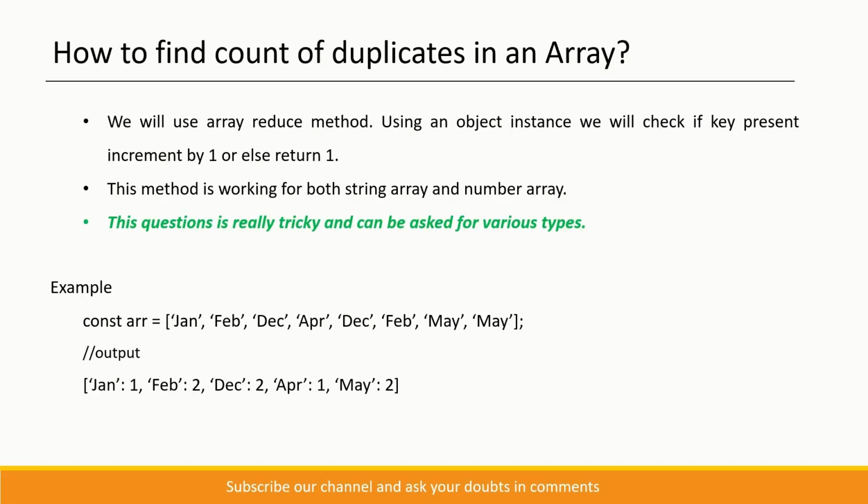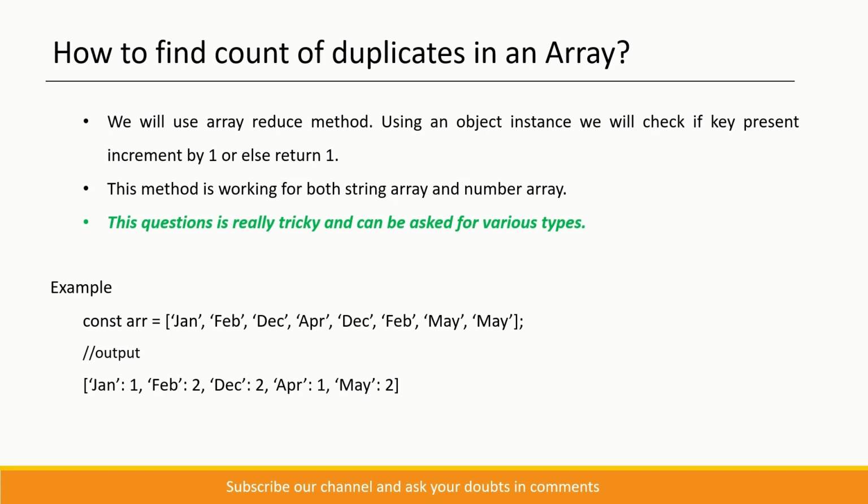Question: how to find the count of duplicates in an array? In JavaScript, we will use the array reduce method to achieve this scenario. With the help of the array reduce method, we iterate over each and every value inside the array. Using the iteration object, we check whether the key is present or not.